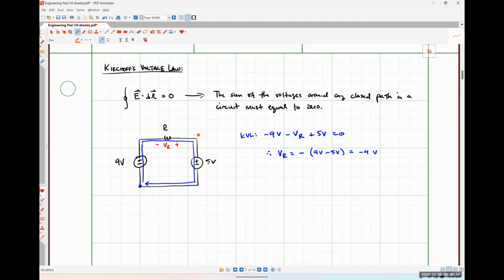So I'd be going across the resistor, down through the 9-volt source, across that section of wire, up through the 5-volt source.